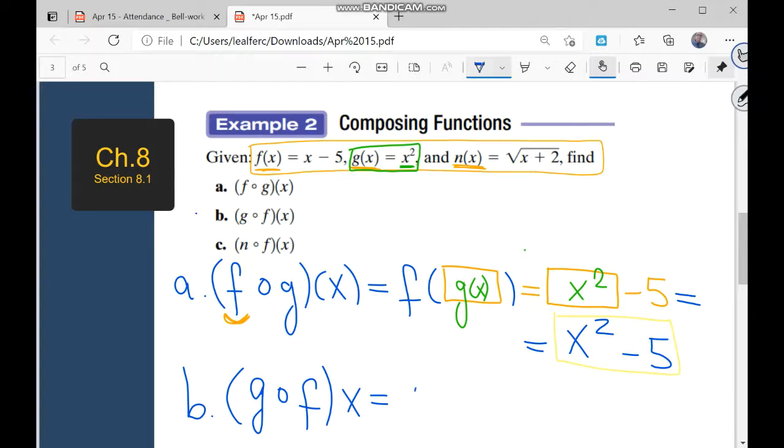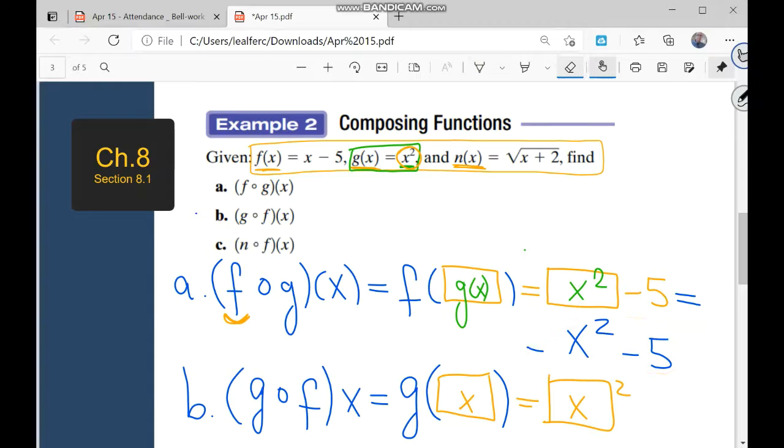What are you going to do? Write g of x. What's g of x? G of x equals x squared. Okay? Let me erase this just to have more space so you can see better. See, g of x equals x squared. Now erase x and you have an empty box.